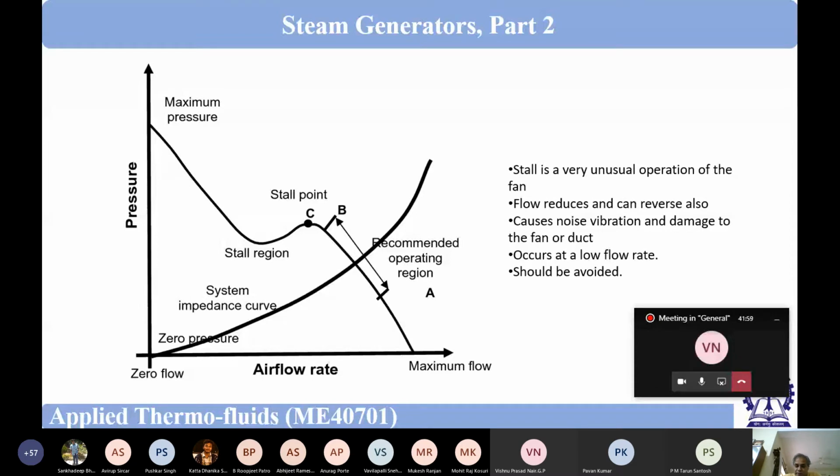Air is still hot, and along with air, we have ash particles or maybe small coal particles. So the ID fan has to be more corrosion resistant compared to the FD fan. And the ID fan handles more volume flow rate, because coal has already burned.